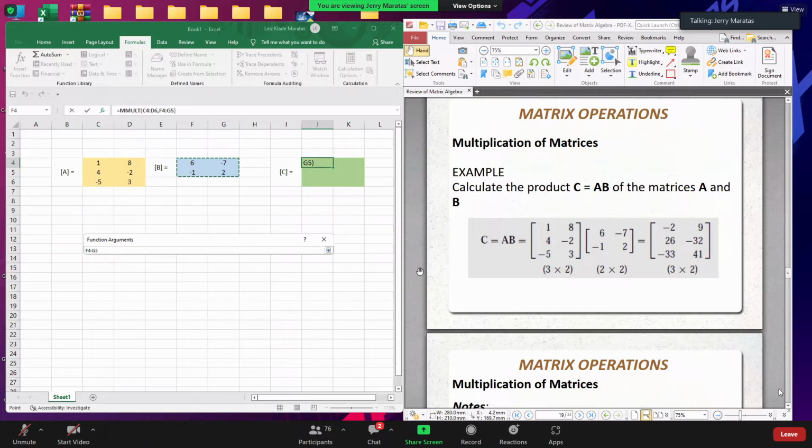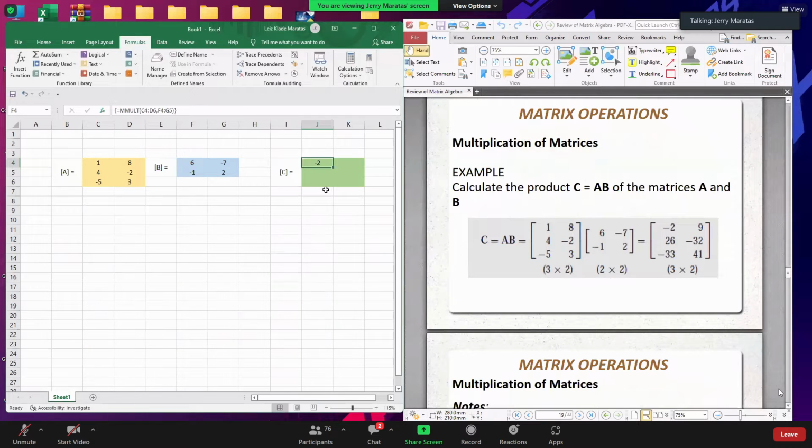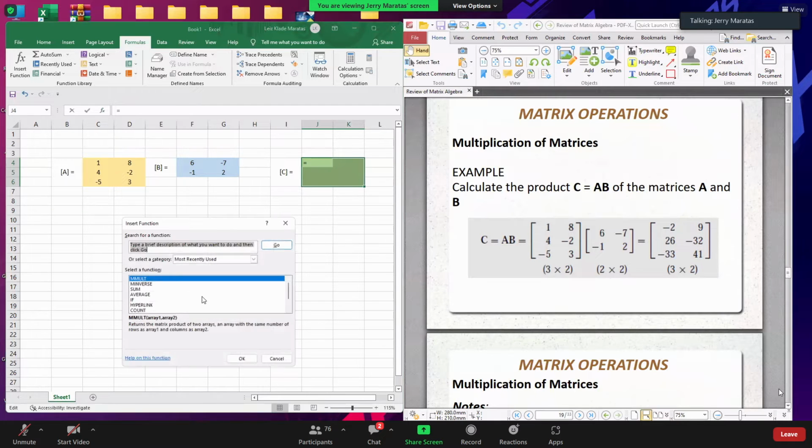And after that, Control Shift Enter. The resulting size should be 3 by 2, right? So you highlight all of those cells, go to formulas, insert function, and MMULT.